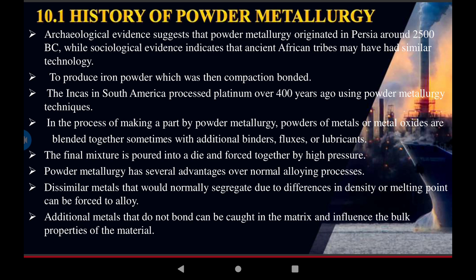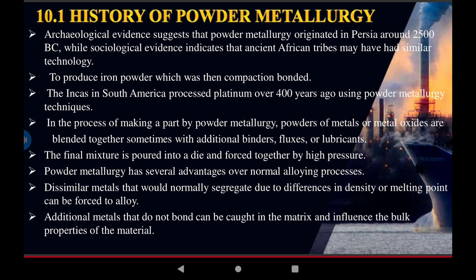The technology in the application works from powder of metals in the process for making a part by powder metallurgy. Powder metallurgy also uses powder of material produced by powder methods, metals, oxides, and blends together. Sometimes additional binders are used in the powder, along with flux and lubricant.